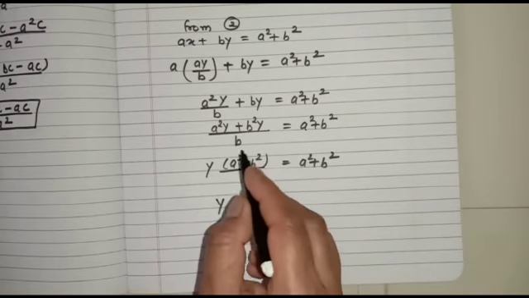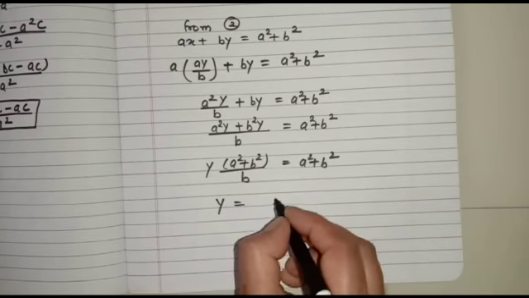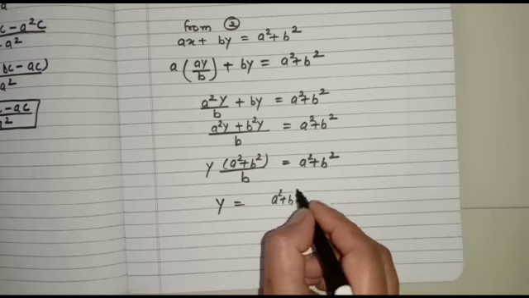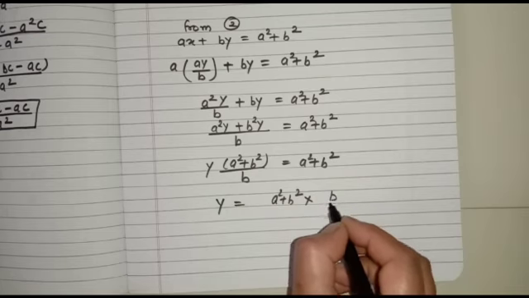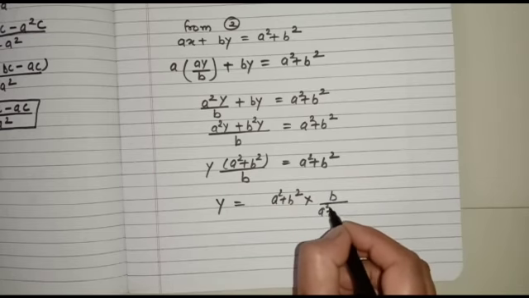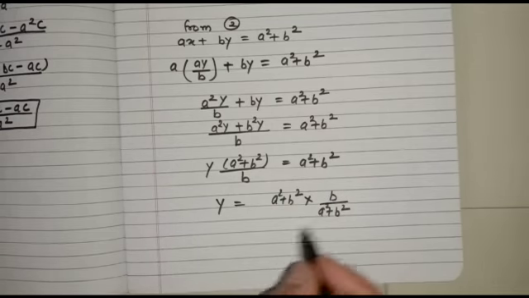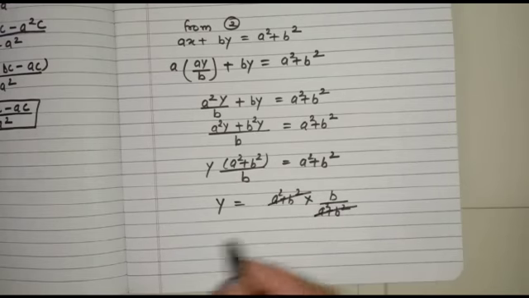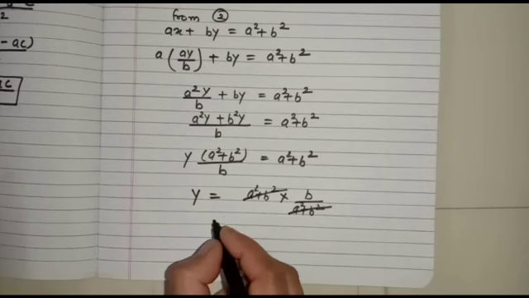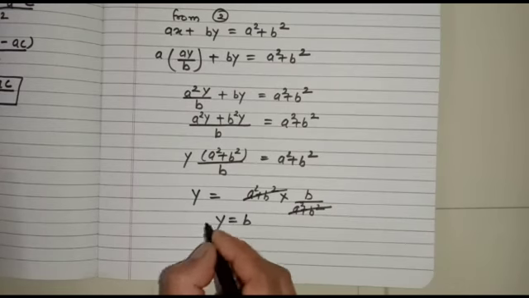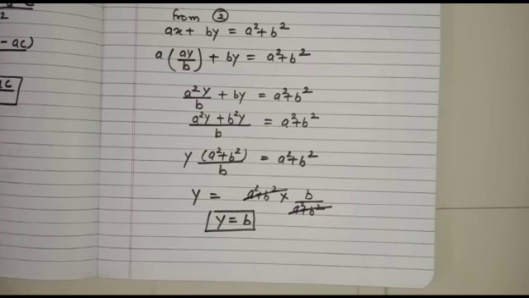So all this term will shift to the right hand side and we will get a square plus b square into b upon a square plus b square. This a square plus b square cancels with this a square plus b square and we will get y equals b. So the value of y is b.